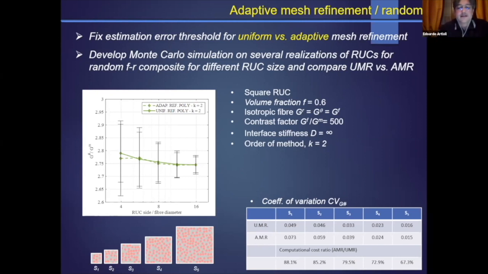And you see that the difference is quite encouraging, especially for the higher RUC size, where the outperforming of the adaptive mesh refinement strategy is really evident, as it's reported here in the table down right.